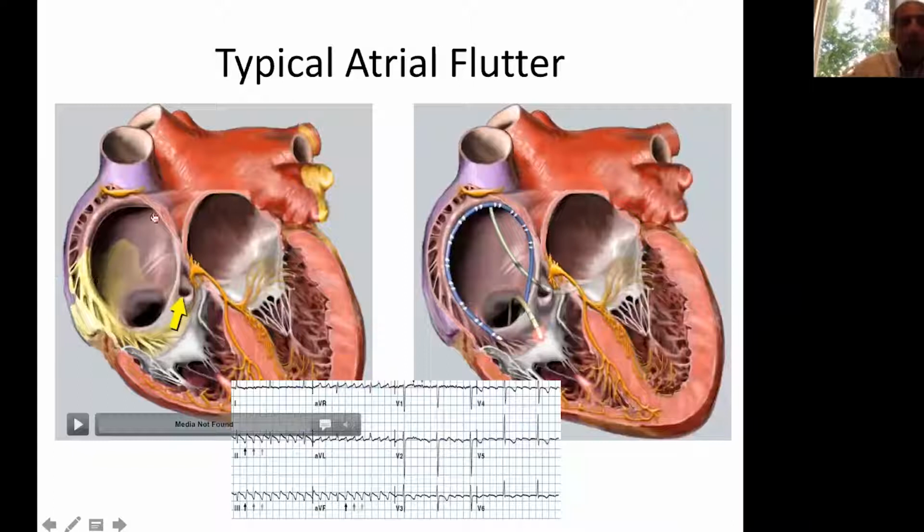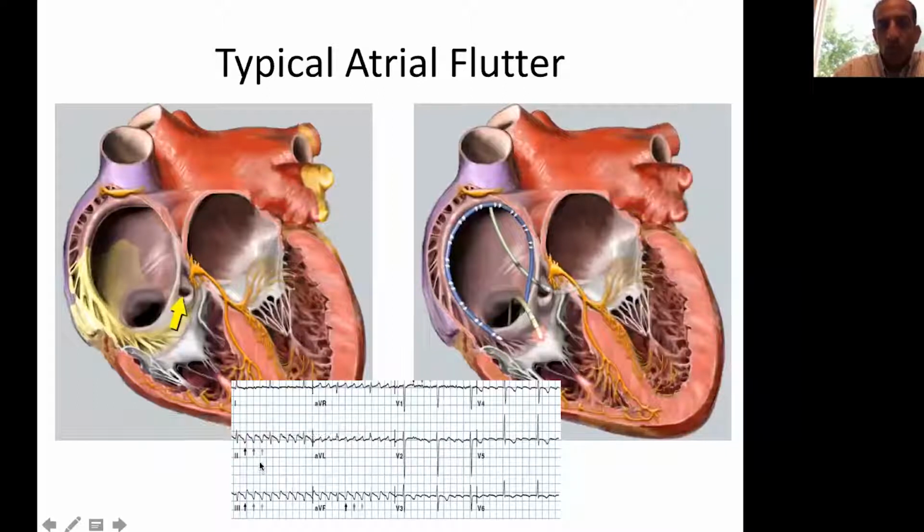And this is the circuit of atrial flutter. In atrial flutter, it's what we call a macro reentrant tachycardia. So it's a very big tachycardia, and the circuit is very big. This is a circuit that goes in the right atrium, around in a big loop like this. In these patients, you see a sawtooth pattern because this rhythm is going away from the inferior leads.